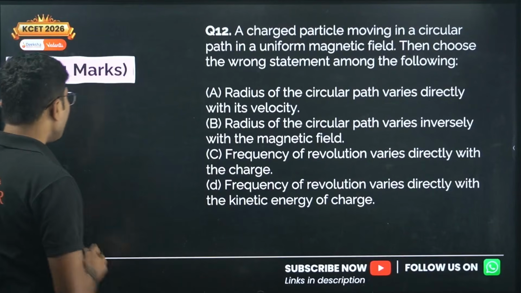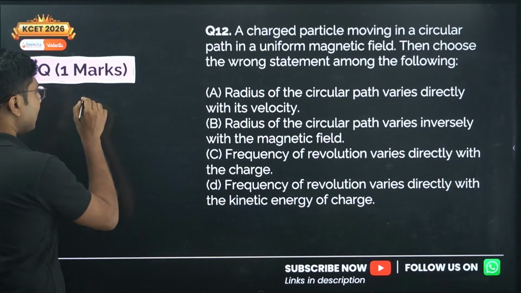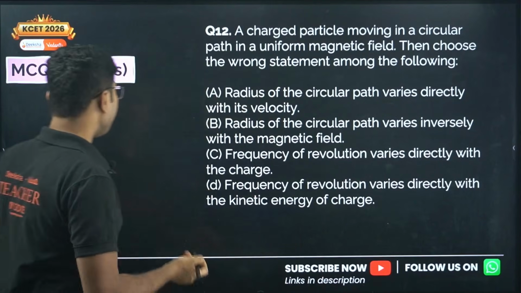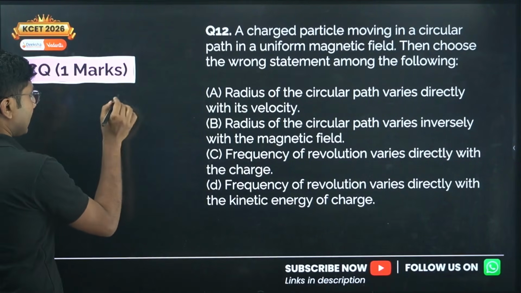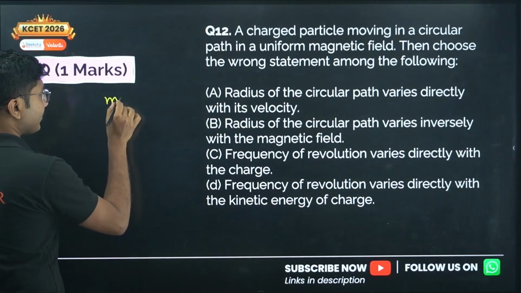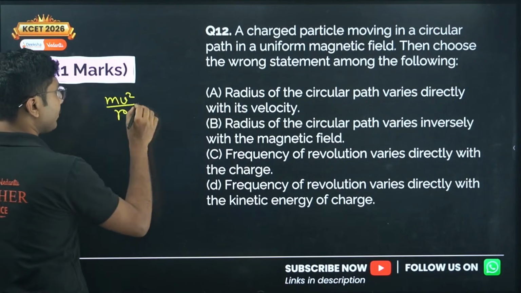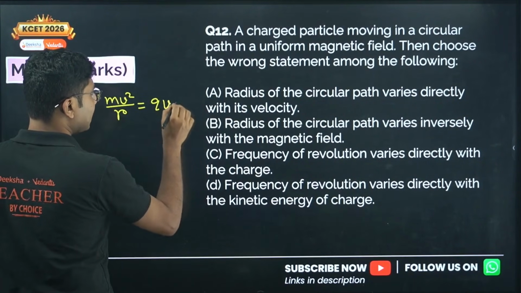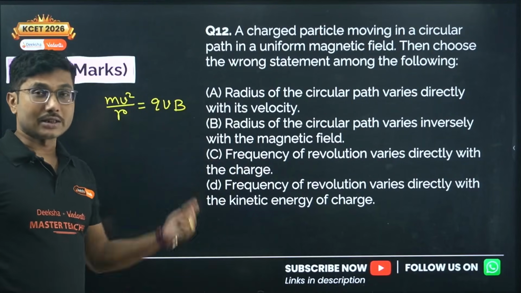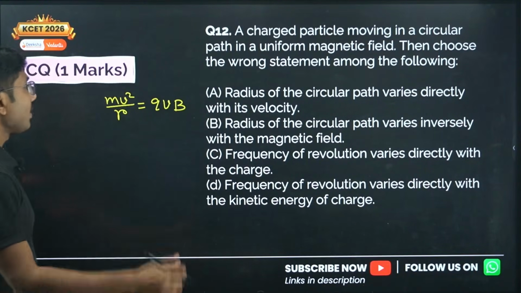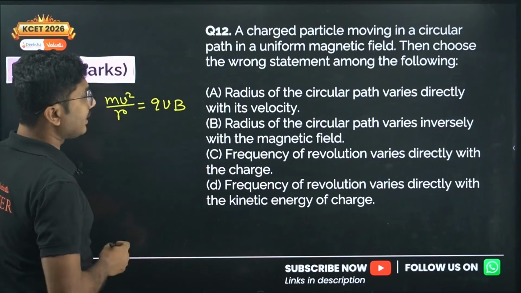Let's see. Whenever a charge moves in a circular path, there has to be a centripetal force, which is given by mv square by r, and from the Lorentz force we know that it is given by qvB sin theta. For circular motion theta is 90 degrees, so sin theta is 1. From here we can calculate the radius first.